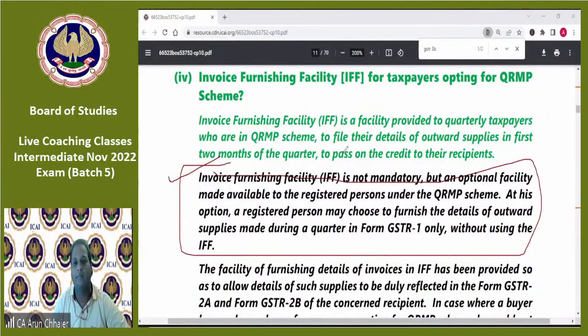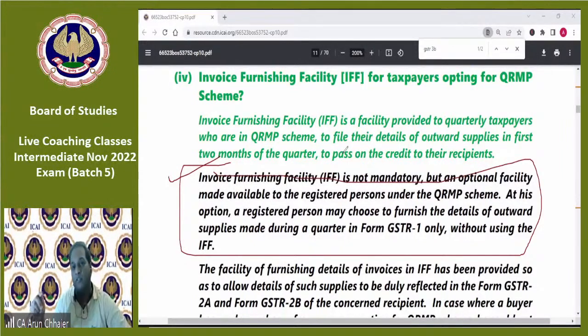So they have divided 5 crore by 12, and almost they are saying there would not be exceeding a certain amount, so they have rounded it off to 50 lakhs. So in case of the IFF for month 1 and month 2, you need to enter the B2B supply, but the maximum value which you can add in 1 month is 50 lakhs. New restriction, that is okay.